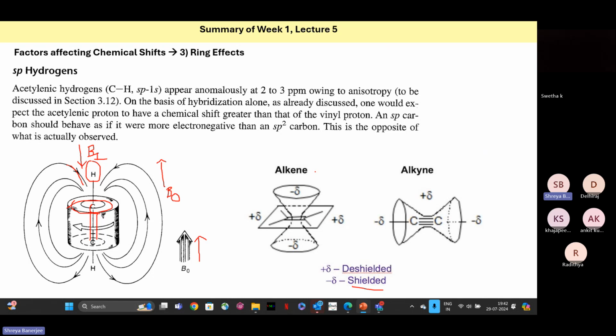Now, in case of alkene, what happens? B0 and Bi add up. So the alkene hydrogens are here. In case of alkene, the hydrogen is experiencing B0 plus Bi.